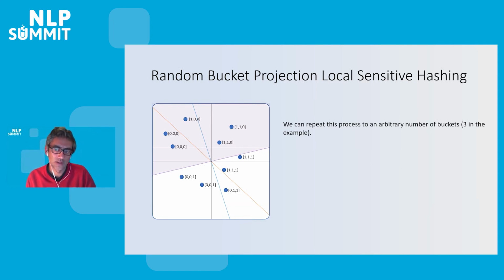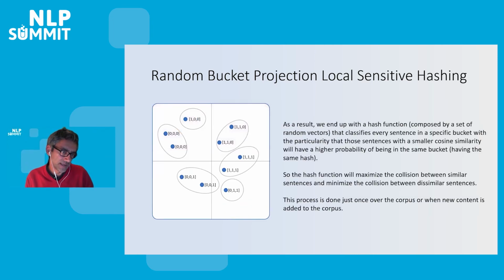At the end, what you get is that you can group together those entities that are closer. They will tend to fall into the same bucket, what we call a bucket. They will have the same hash representation.